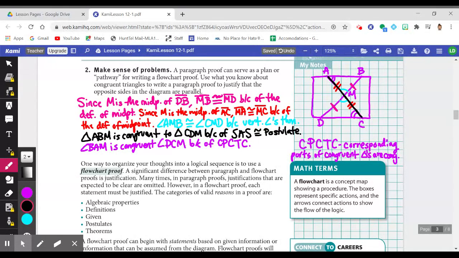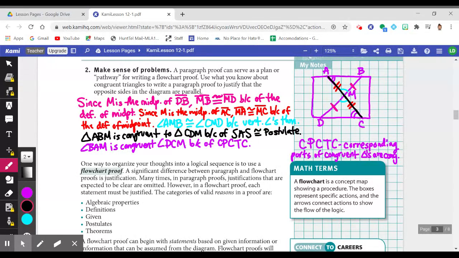In this case, this line intersects AB and DC. Well, if this angle right here is congruent to this one, they're called alternate interior angles. And if this pair of alternate interior angles are congruent, then the lines that they're on, AB and DC, they're parallel because of the converse of the alternate interior angles theorem.